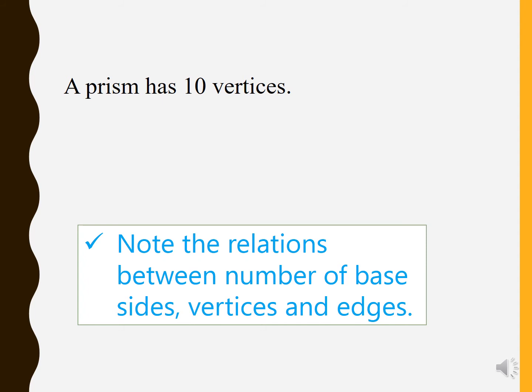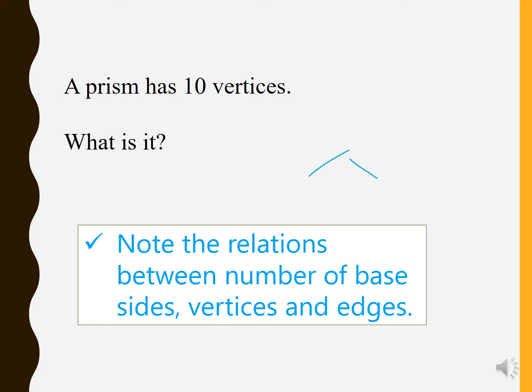This is another kind of question. A prism has 10 vertices. What is it? So think about the relations between the number of base sides and vertices. It is 2 times relationship. So it should be a pentagon. 10 divided by 2 is 5. Or you can draw it out.